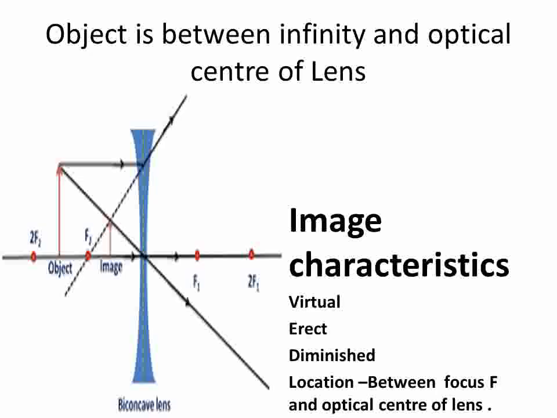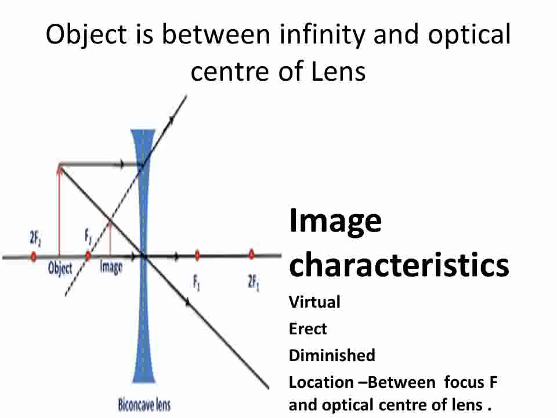Therefore, the case of the object between infinity and the optical center of the lens covers the remaining 5 cases we discussed at various locations in the convex lens. All the remaining 5 cases are considered in a single diagram when the object is placed in front of a concave lens here, not convex. Convex we have discussed earlier.